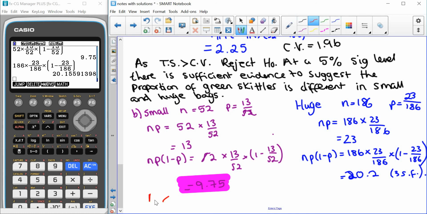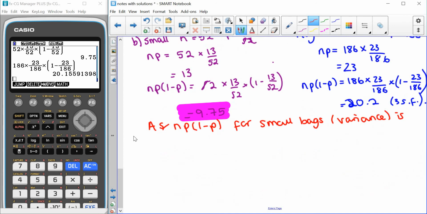So as np(1 minus p) for small bags, and remember that's talking about the variance, is smaller than 10.